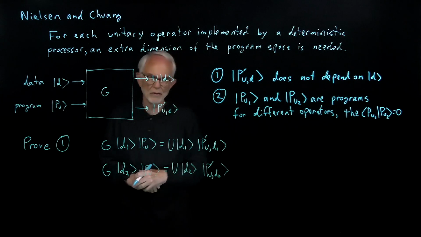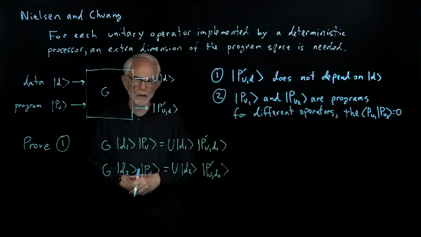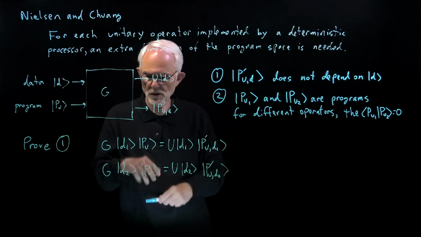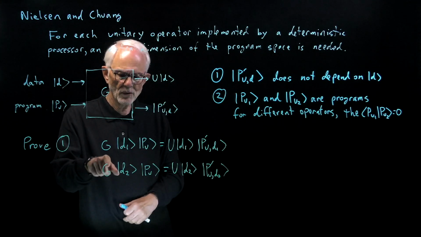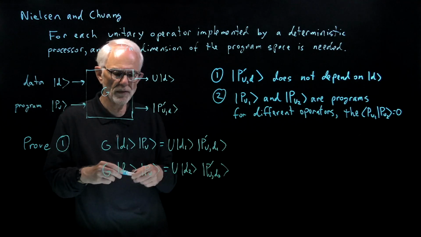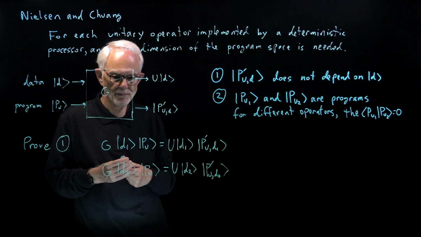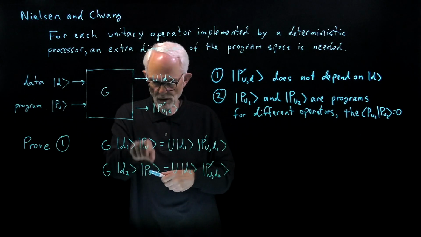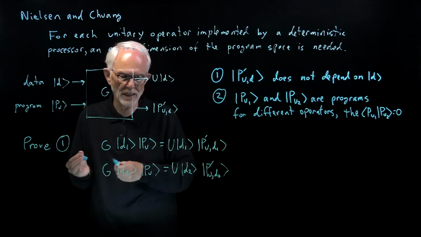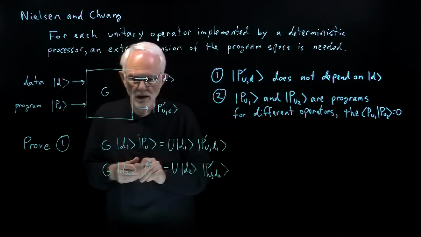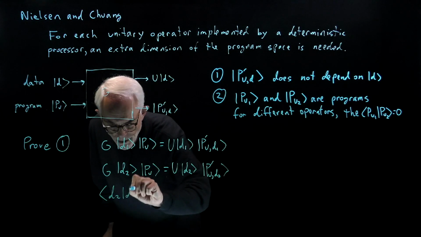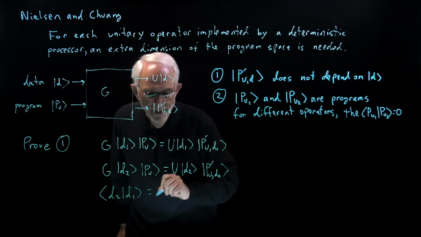Now what I'm going to do is take the inner product of one equation with the other. On the left-hand sides, I'm going to have a G dagger G. G is unitary, so G dagger G is in fact just equal to the identity. Then I have the P_Us, which are simply the same state, so the inner product of this state with itself is just 1. So on the left-hand side, I get the inner product of D2 with D1.